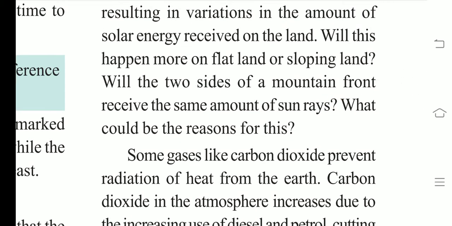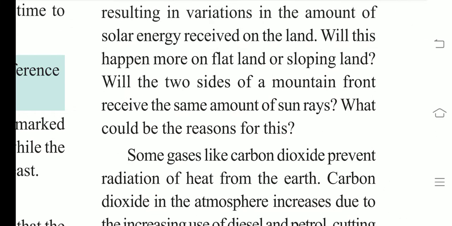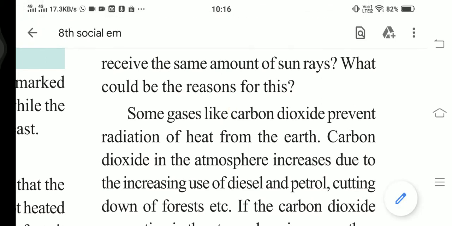Some gases, like carbon dioxide, prevent radiation of heat from the earth. This is the point which is connected with global warming, my dear students. There is carbon dioxide in the atmosphere along with several gases, right?